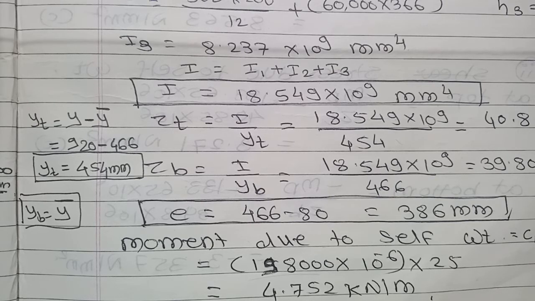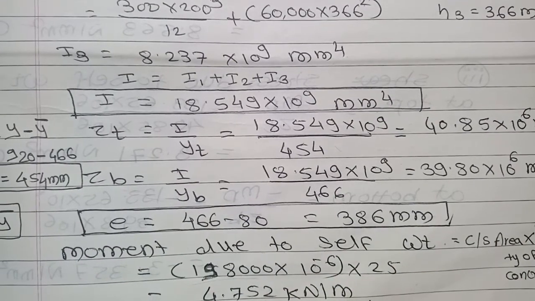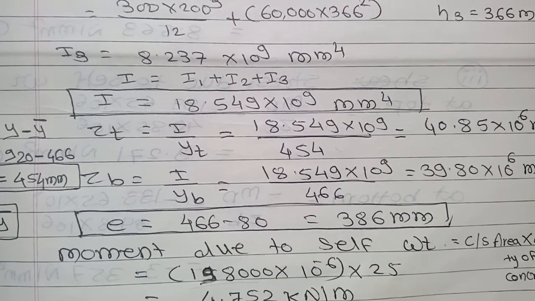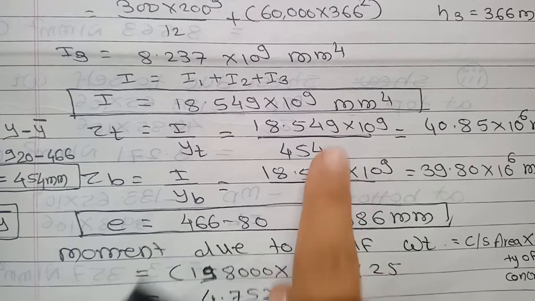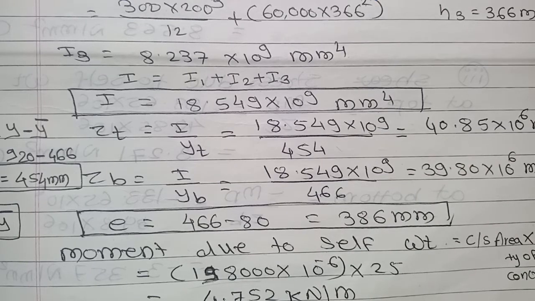We get YT, distance of top fiber from centroid of the section, is 454 mm, and total moment of inertia is 18.549 into 10 raised power of 9 divided by YT, that is 454. If we calculate this, we got answer 40.85 into 10 raised power of 6 mm cube.